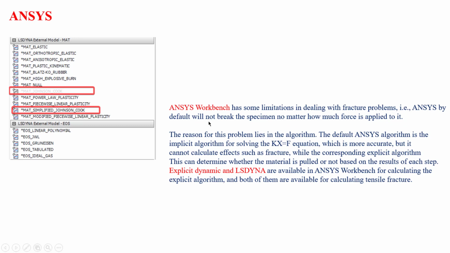It doesn't have an element elimination method, so it uses the default implicit algorithm, that is [K]{x}={F} in Ansys. So it cannot handle fracture, we already know that. Explicit algorithms like LS-DYNA and some APDL scripting can help us deal with explicit analysis inside Ansys, which we already know. Okay, so that's all about the Ansys failure criteria we'll consider.